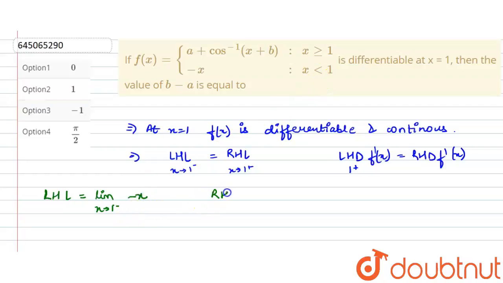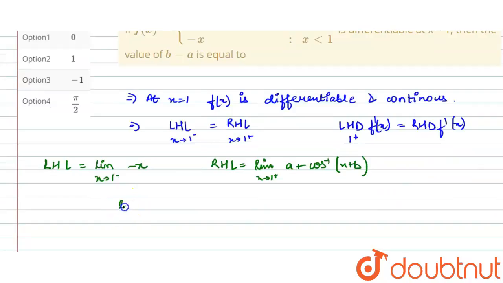The right hand limit is the limit as x tends to 1 plus, given as a plus cos inverse of x plus b. Now these two are equal, so limit x tending to 1 minus of minus x is equal to limit x tends to 1 plus of a plus cos inverse of x plus b.